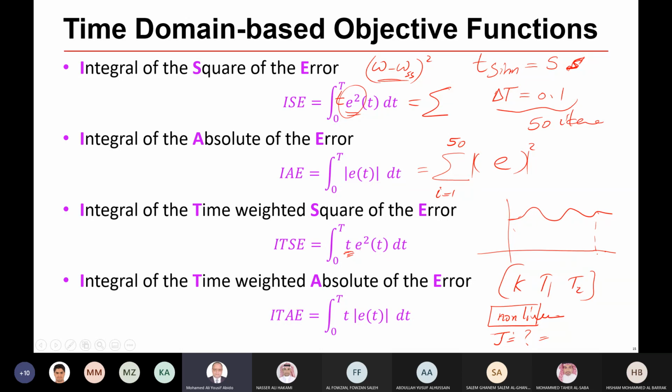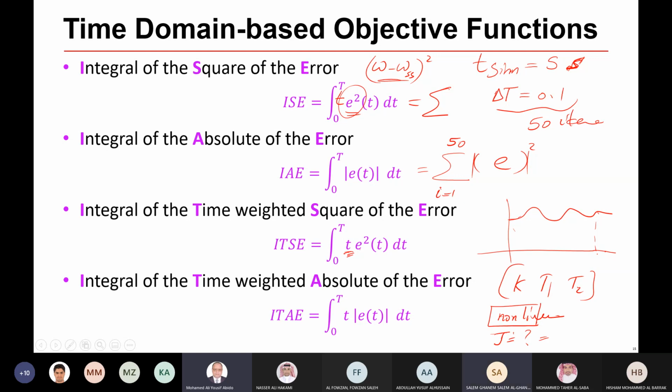Salim Ghanim, you have a question, Salim? Yeah, Professor. Yes, please. Regarding these metrics, can we say that by incorporating the time in the error we are minimizing the settling time and overshoot at the same time? I hear some and I don't hear some of your words. Can you repeat, please?